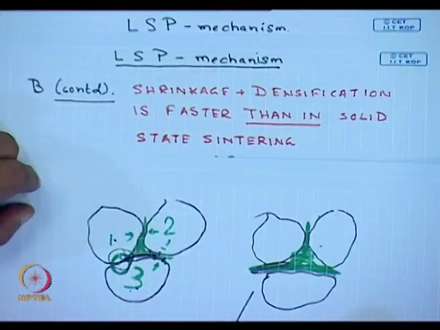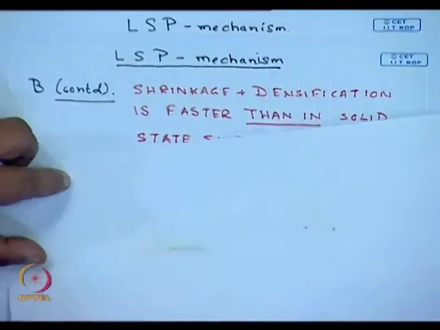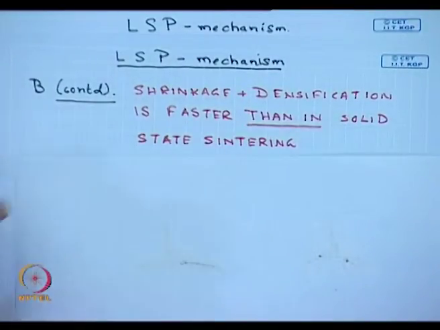Now you have to understand that in liquid phase, shrinkage and densification is much more faster than in solid state sintering. Why?